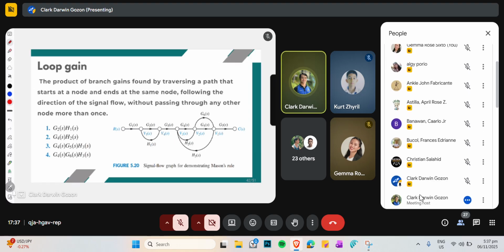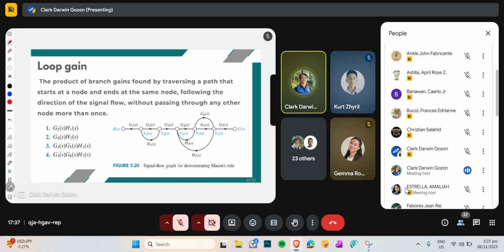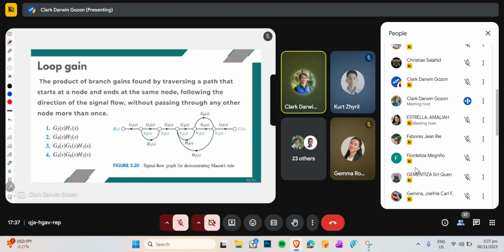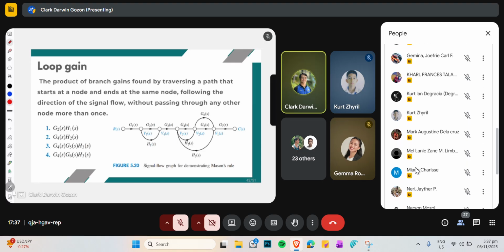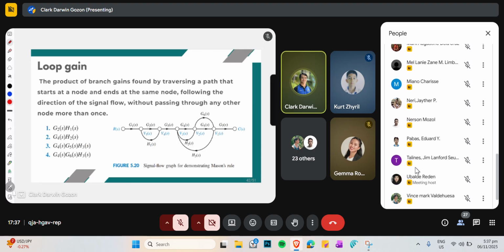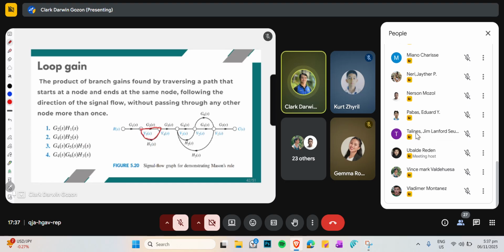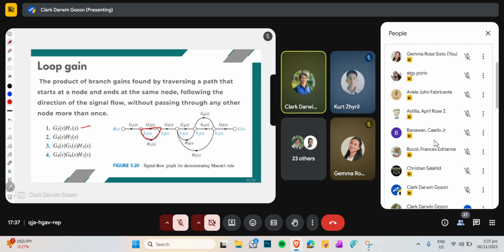So, what is a loop gain? Ang loop gain is tan-awon ninyo ang mga loops. Loops meaning pathways nga naay signal nga nibalik. Example, G2 ani nibalik dayon. That's a loop gain. We have G2 H1.